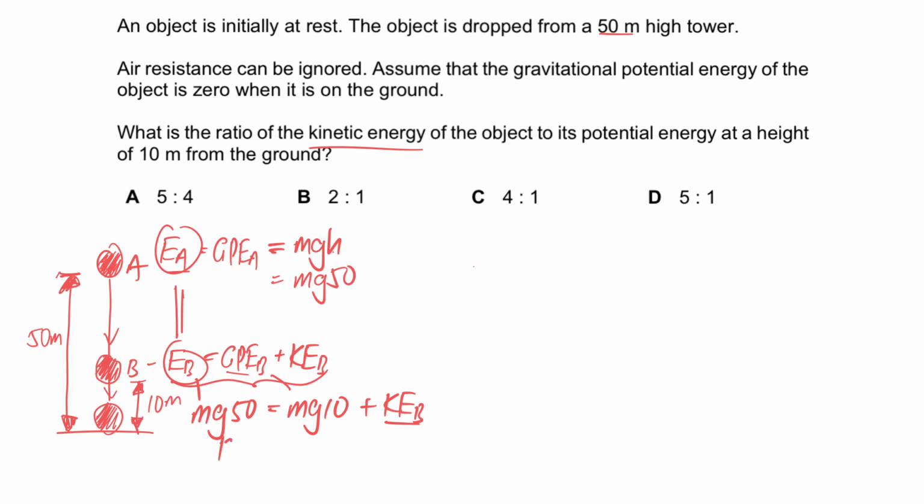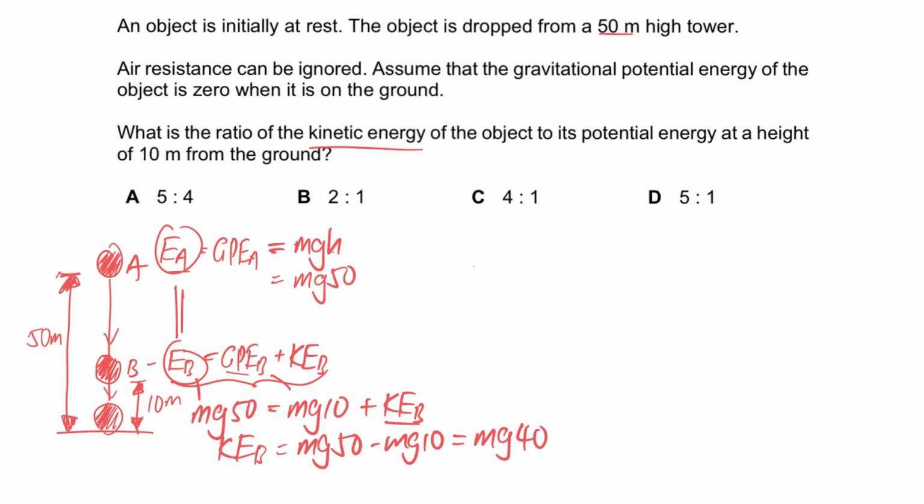So the KE at point B is mg50 minus mg10, which is mg40.